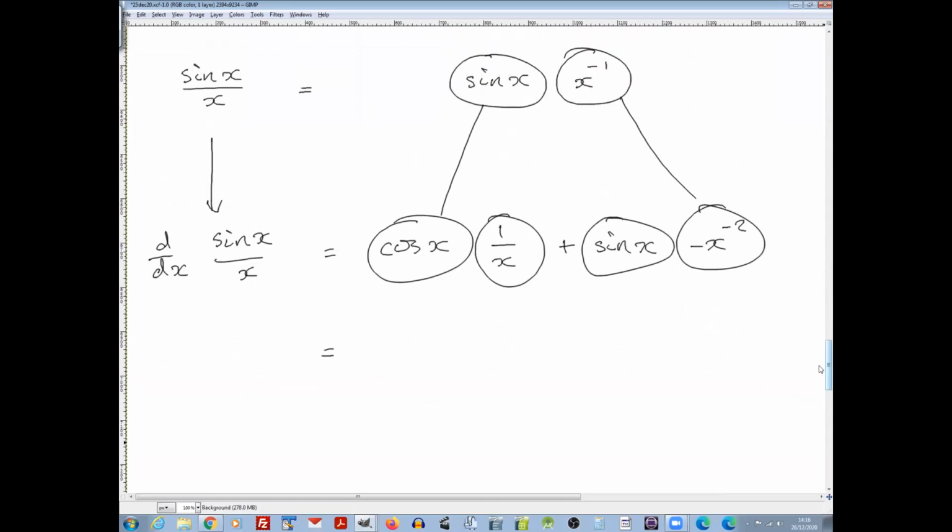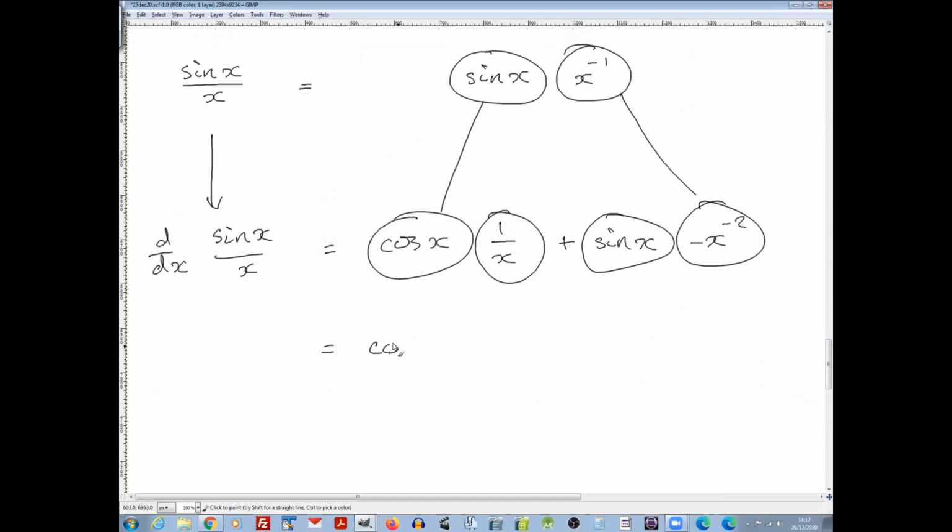Well, I have turned that into 1 over x. So I could even write cos x. How could I write this? This term here. Cos x over x.